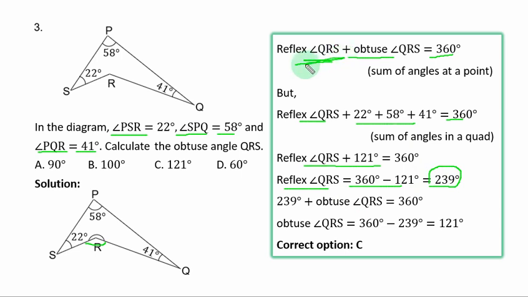Back to this expression, the reflex angle is 239 degrees plus the obtuse angle equal to 360 degrees. If you make the obtuse angle the subject now, you have this expression, and that is 121 degrees. C is the correct option.